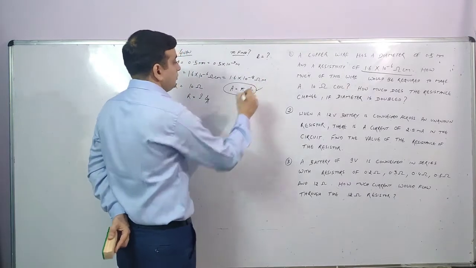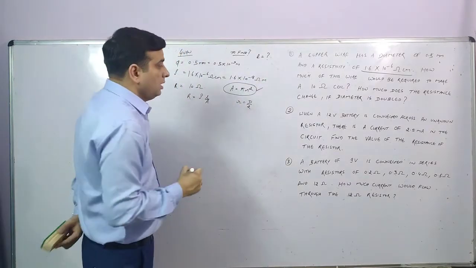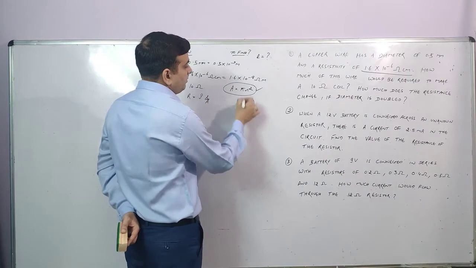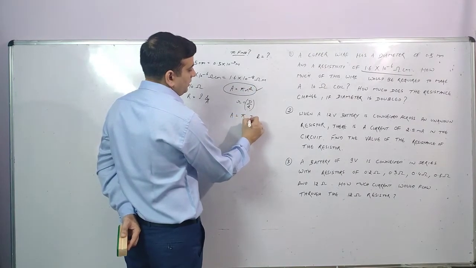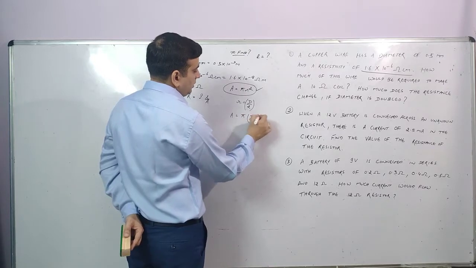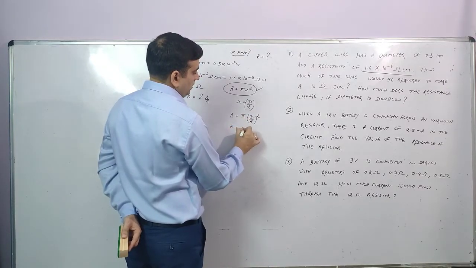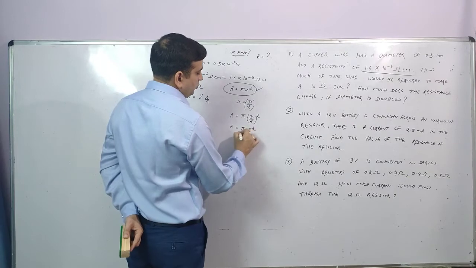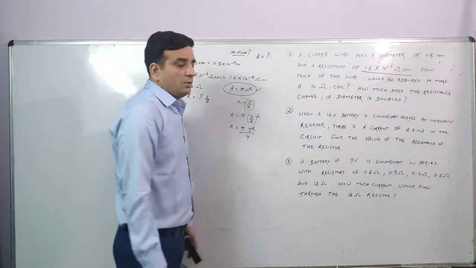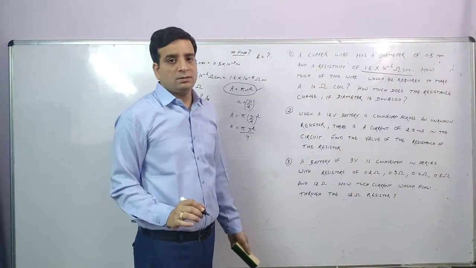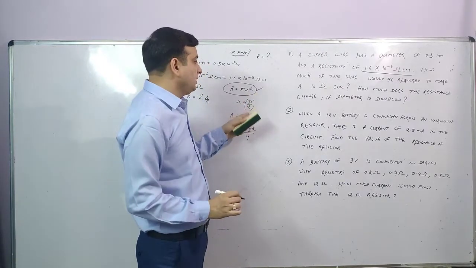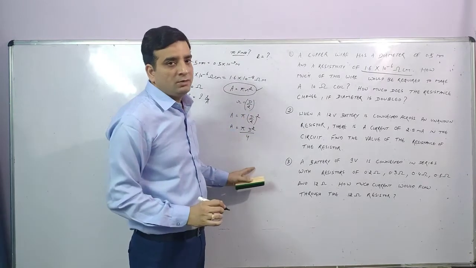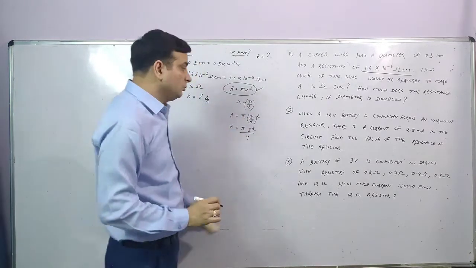Either you can directly solve by this formula, or you can put the value of d by 2 here. So A is equal to pi times d by 2 whole square, so A is equal to pi d square by 4. Both are the same method; I am doing the calculation at one place, not at two places.